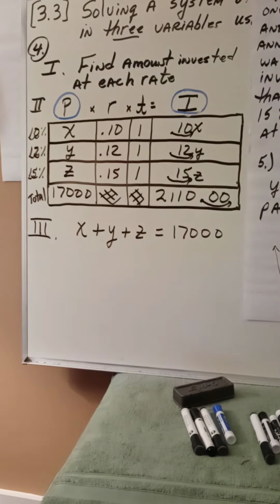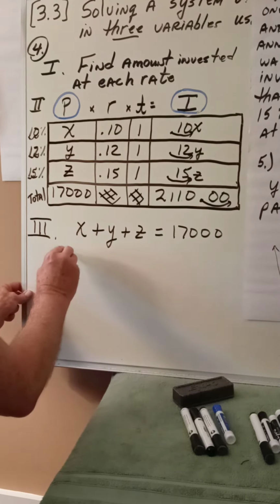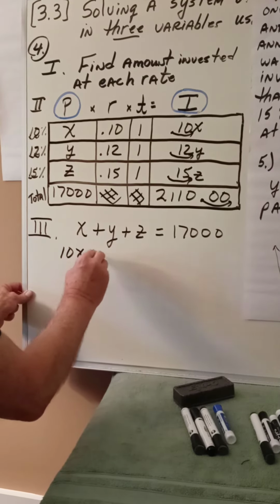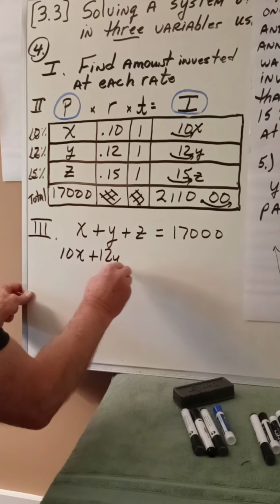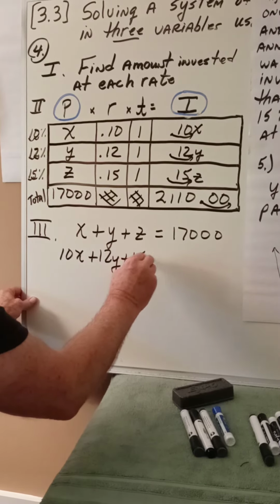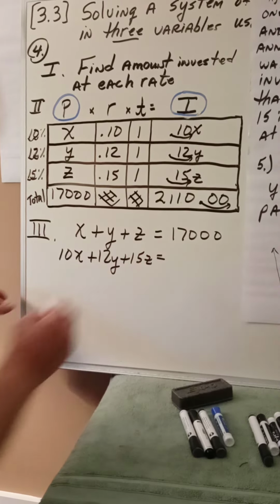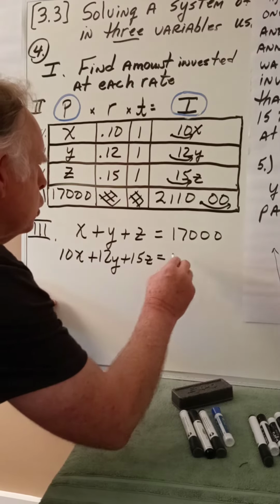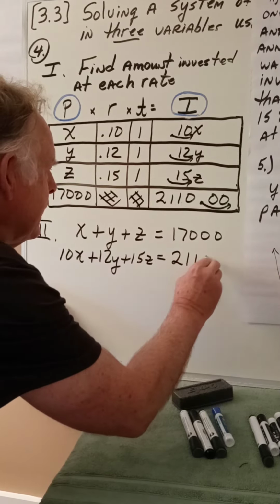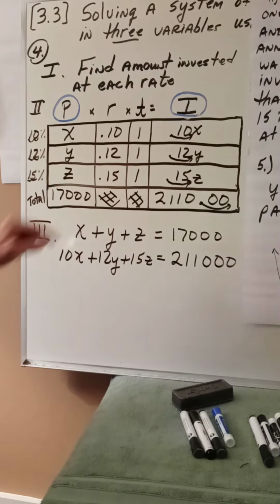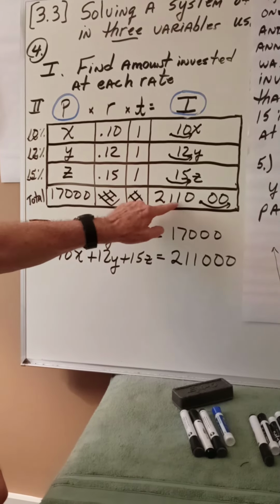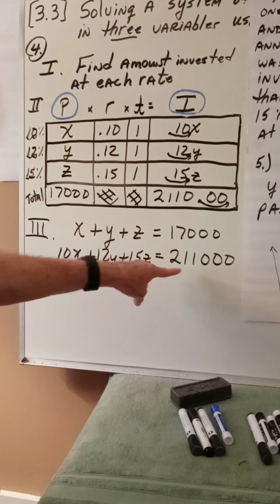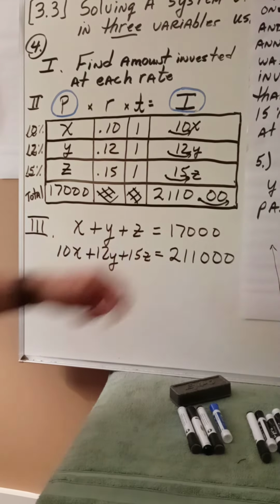And here will be equation number 2: 10x plus 12y plus 15z is equal to 211,000. There's our first two.